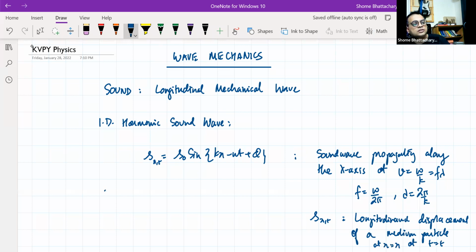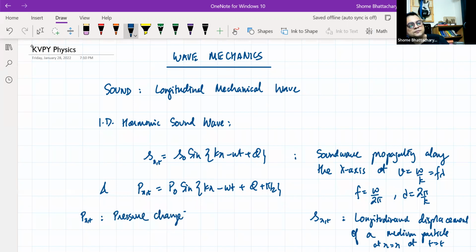Now we saw that this is also accompanied by a pressure variation, or what we call a pressure wave, which is represented by an equation like this, where this quantity represents the pressure change, or what we can call volume stress, at a point x at time t.